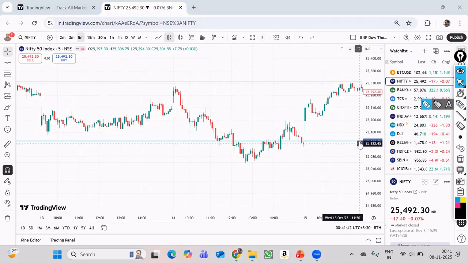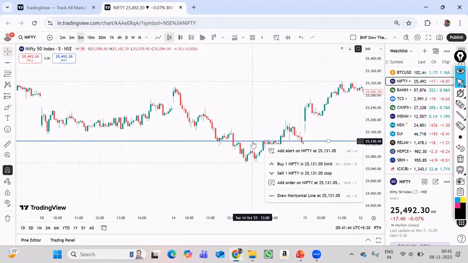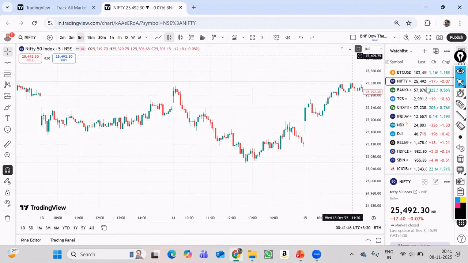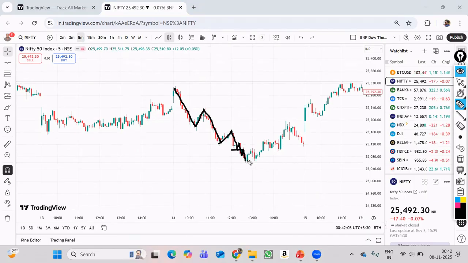See again here what's happening. We'll remove this line. The price is falling with a solid momentum. So this is what the sellers need, right? But after this, what's happening? The momentum is automatically reducing. It is just creating impact lows. So what happened? There was a sudden reversal.